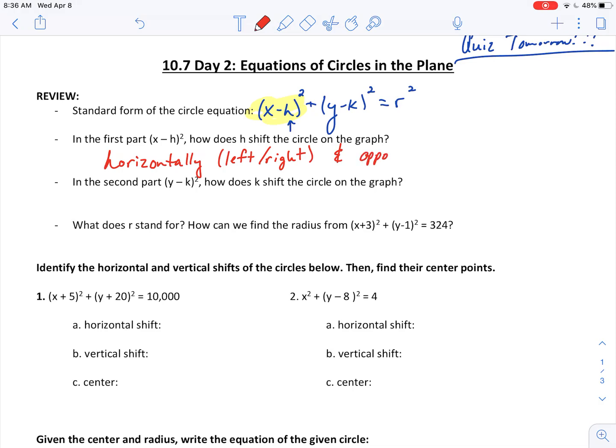Well, it shifts it horizontally, left or right, and in the opposite direction of the sign you see.